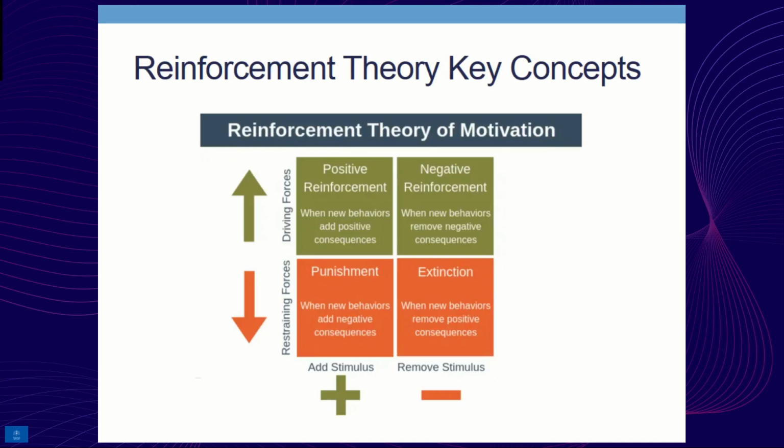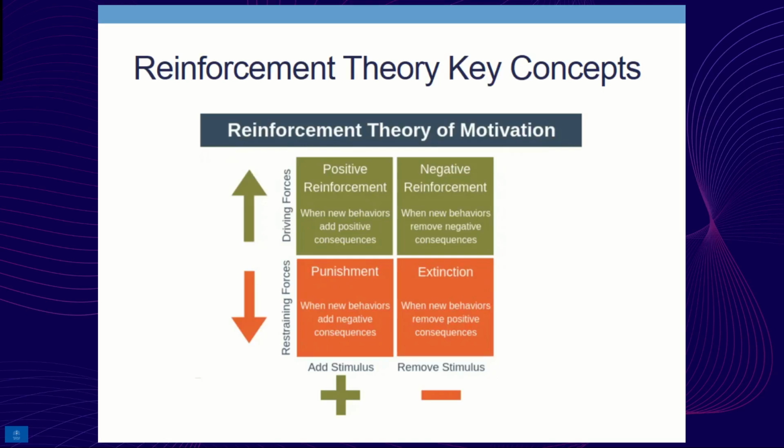Positive reinforcement is a reward you give to an employee when they exhibit desirable behavior. Positive reinforcement encourages the employee to continue to exhibit this desirable behavior. Examples of positive reinforcement rewards include financial bonuses, praise, and time off in lieu, amongst others.